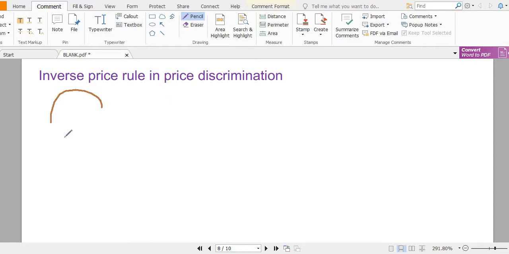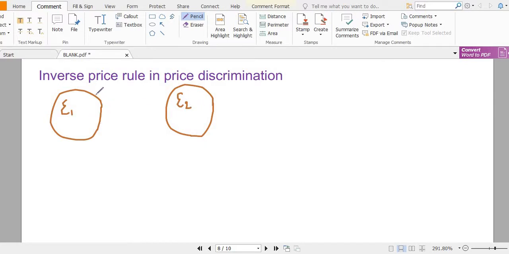have two consumer groups. So you have one consumer group and you have another consumer group, and somehow you are well aware of the fact that the elasticity of this group is E1 and the elasticity of this group is E2, by elasticity I mean elasticity of demand.